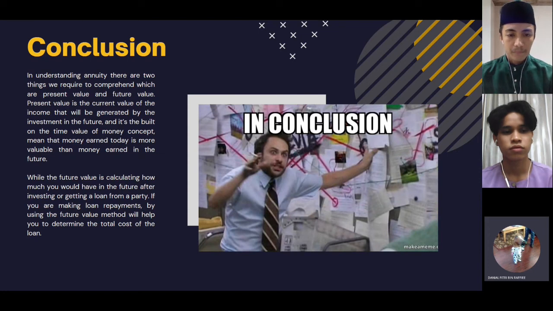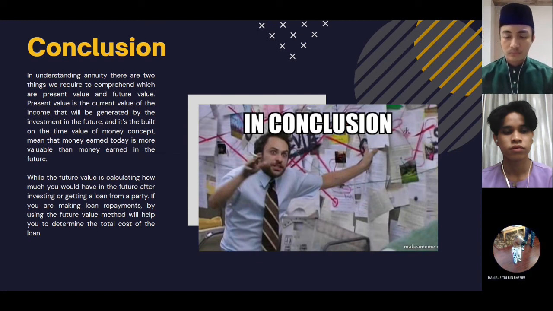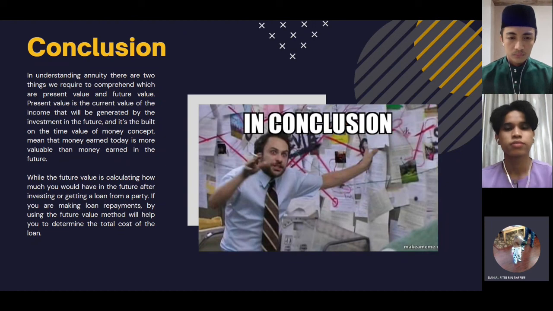While future value calculates how much you would have in the future after investing or getting a loan from a firm. If you are making loan repayments, using the future value method will help you determine the total cost of the loan. Just like Joe Malone's situation, he knows the interest rate and the number of periods.